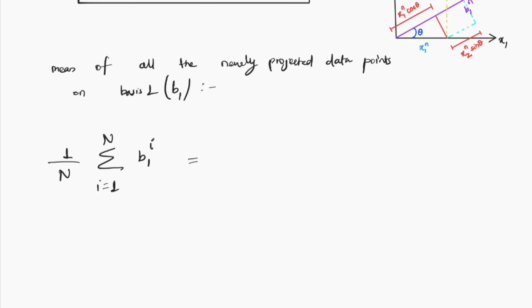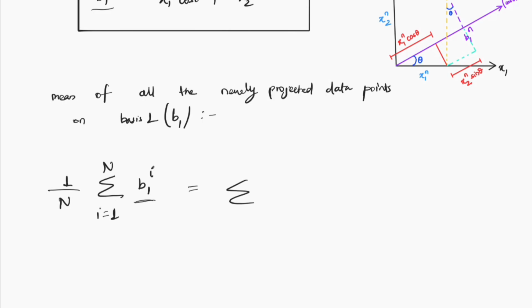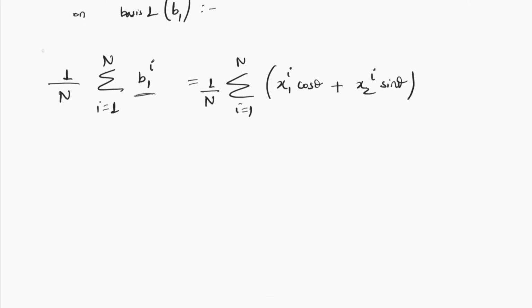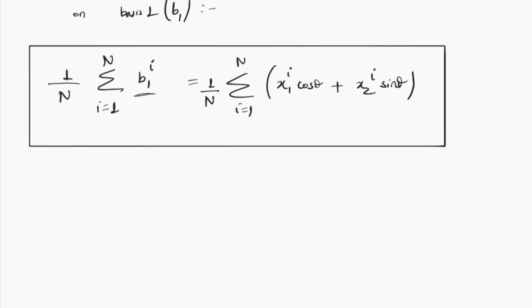So this is going to be the mean, and we replace this b1 with what we just got here. So this is going to be the mean of newly projected data.